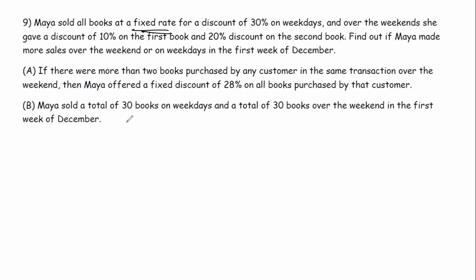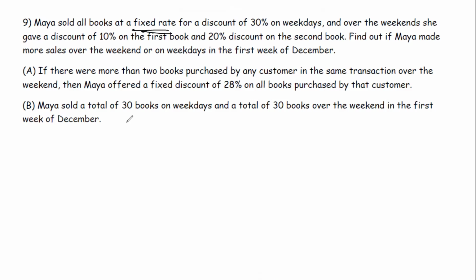Then in that case also a 10% discount is better than a 30% discount, because on the weekdays she also sold 30 books at a fixed discount rate of 30%. So that confusion is taken care of, whether it is a one-book purchase or a two-book transaction.